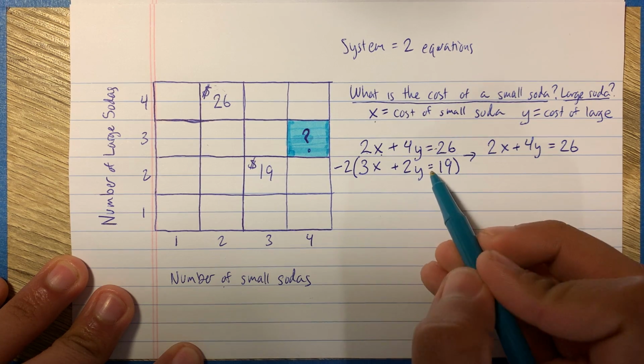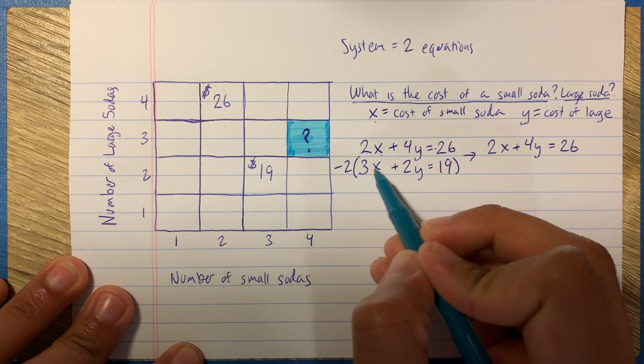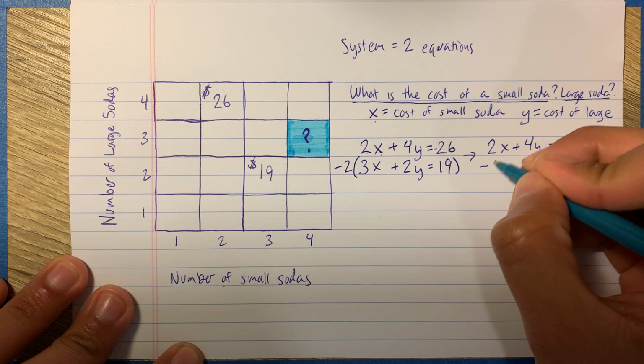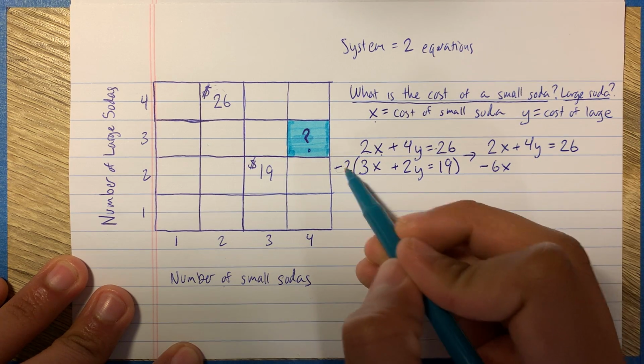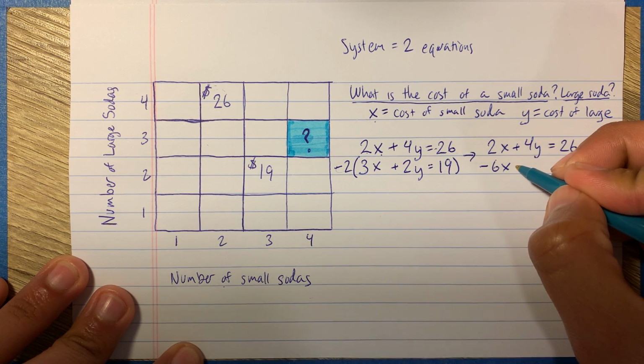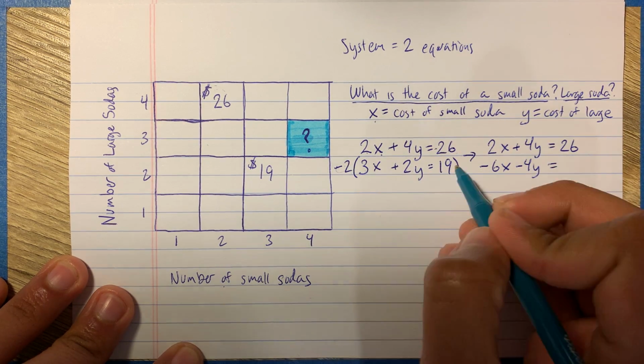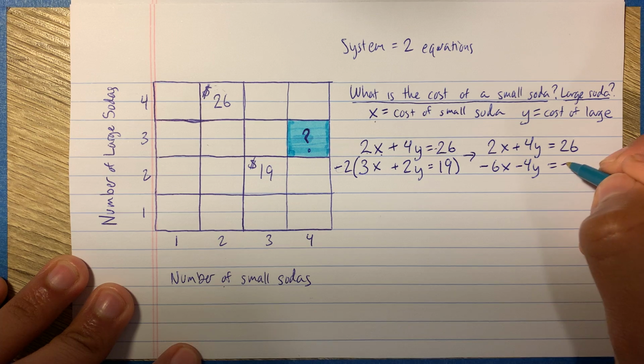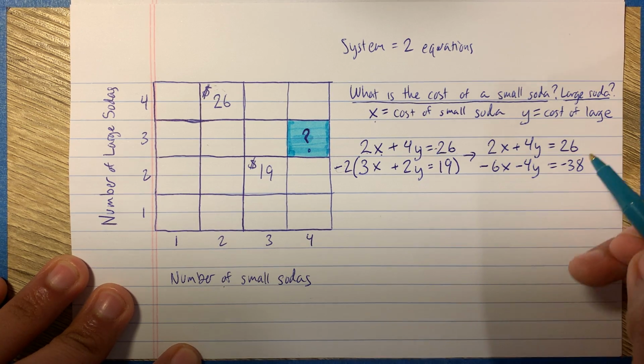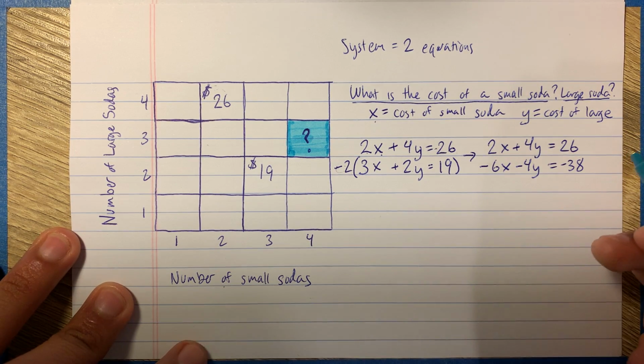But my second equation is going to change because I'm multiplying -2 times 3x, so I get -6x, and then -2 times 2y gives me -4y, and then -2 times 19 gives me -38.